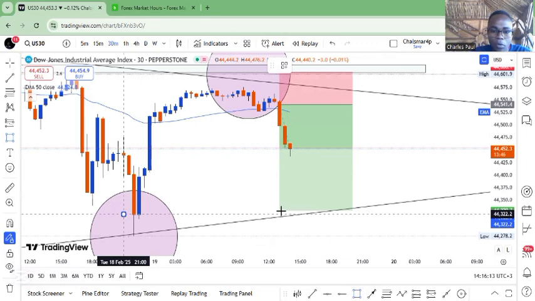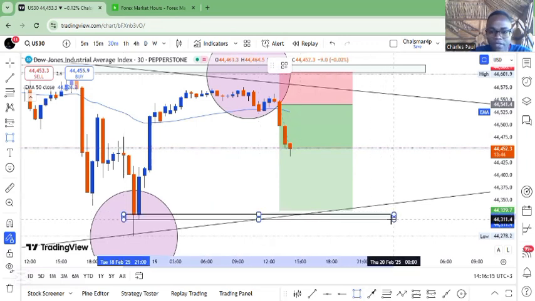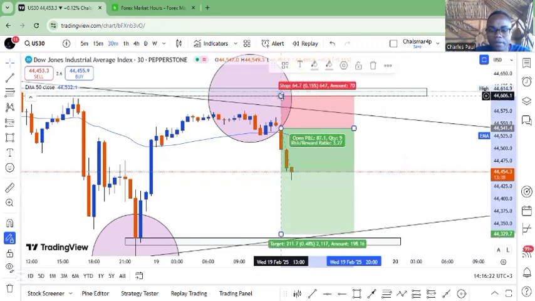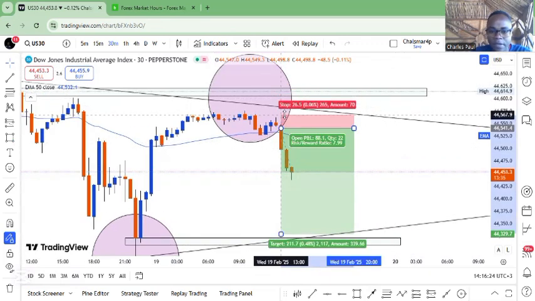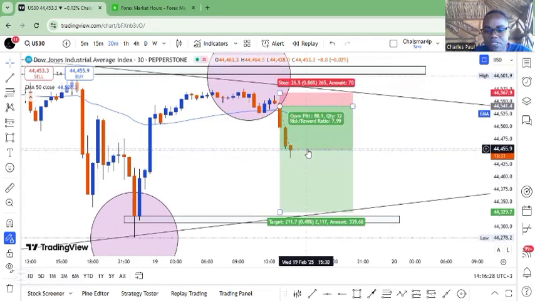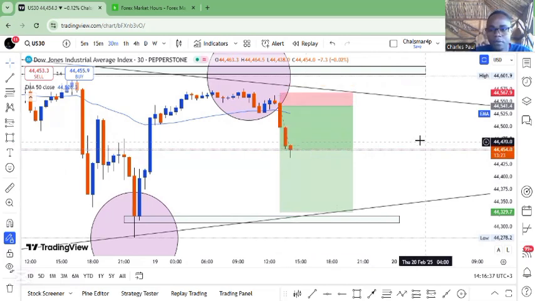You can see much more, guys, at this zone. That's where my target will be. The stop loss is here. So if you look, guys, we have almost 211 pips to the take profit level, and then you have only 26 pips as the stop loss.